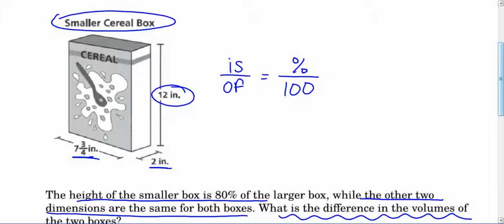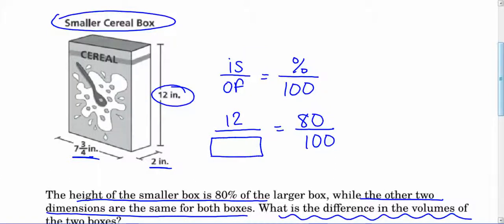So we're going to use that saying to help us here. We know the height of the smaller box is 80% of the larger box. So this is 12 out of our unknown amount.